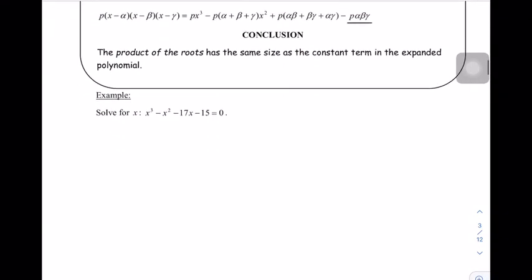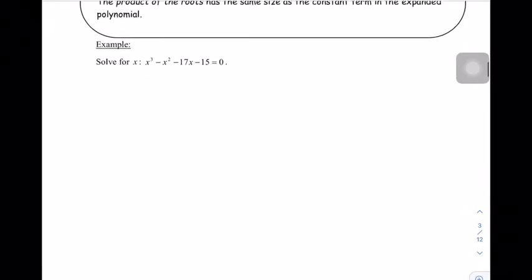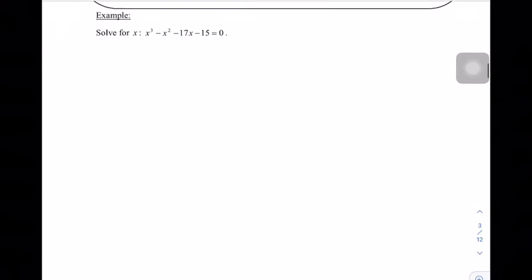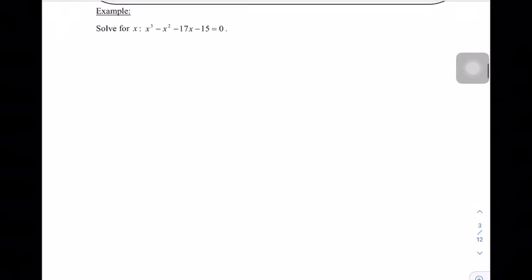Alright, let's look at the example. Solve for x, where x cubed minus x squared minus 17x minus 15 equals 0. Remember, when it says solve for x, it wants you to find the value of x. That means you have to solve this cubic equation.